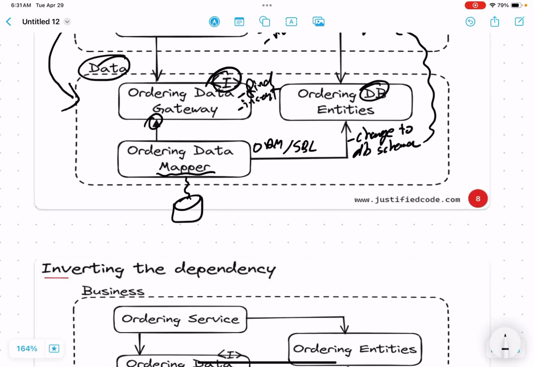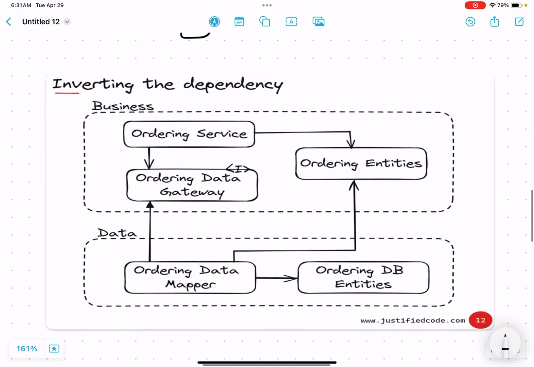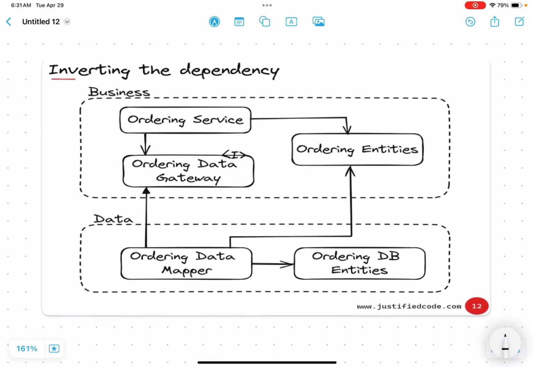Let's go down for a better solution here. When we say we need to invert the dependency, what do we mean by that? We mean the data layer has to depend on the business layer, not the other way, not like the above diagram.